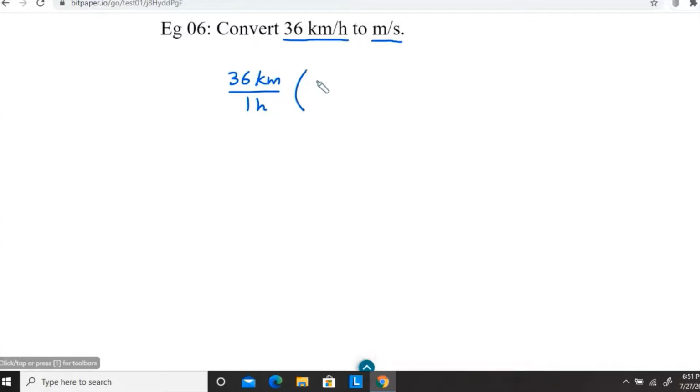I know that there's 1000 meters in 1 kilometer. So this is my first conversion factor, and that's related to a length. The second conversion factor is going to relate to a time. I know that 1 hour comprises of 60 minutes.